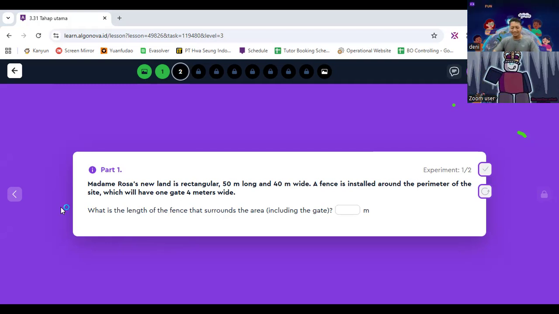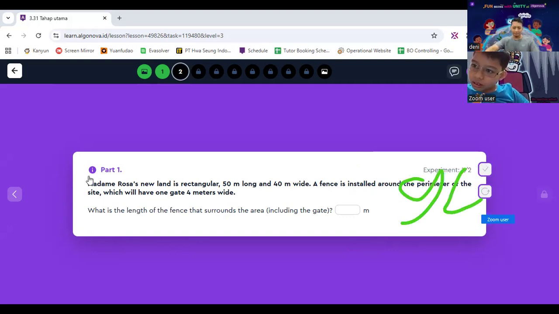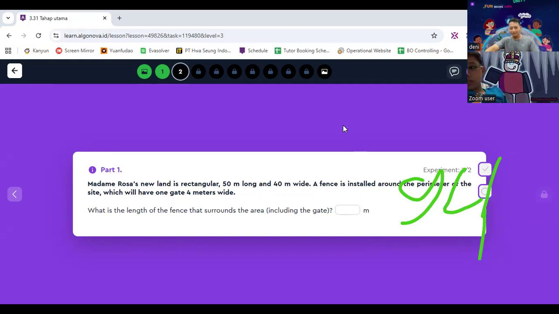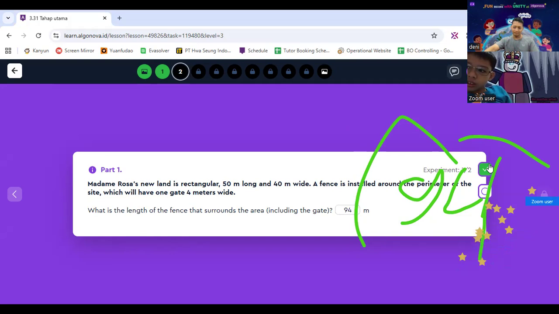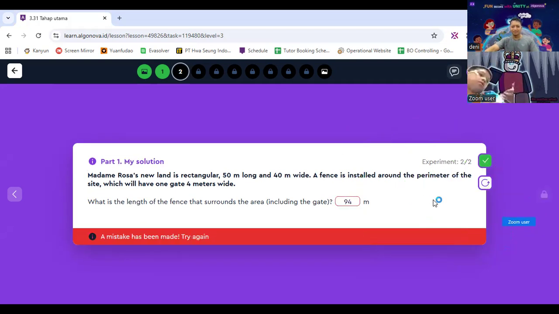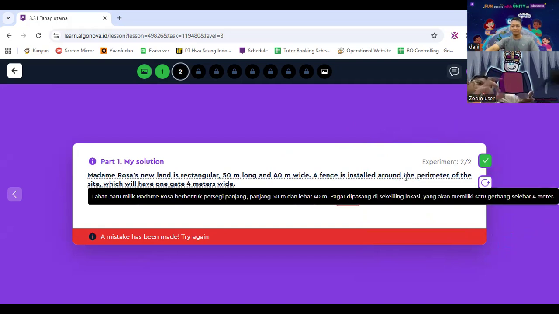What's the answer, Akbar? 97? 97 or 94? 94. It's incorrect. Just count the perimeter.